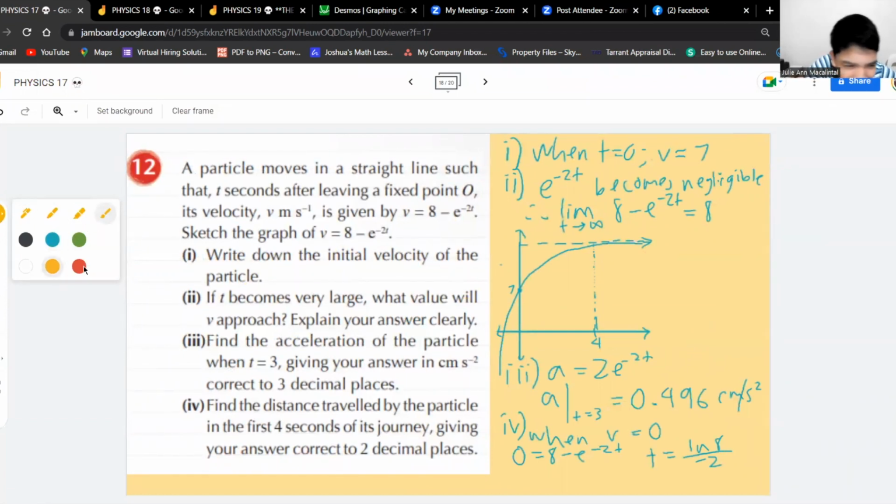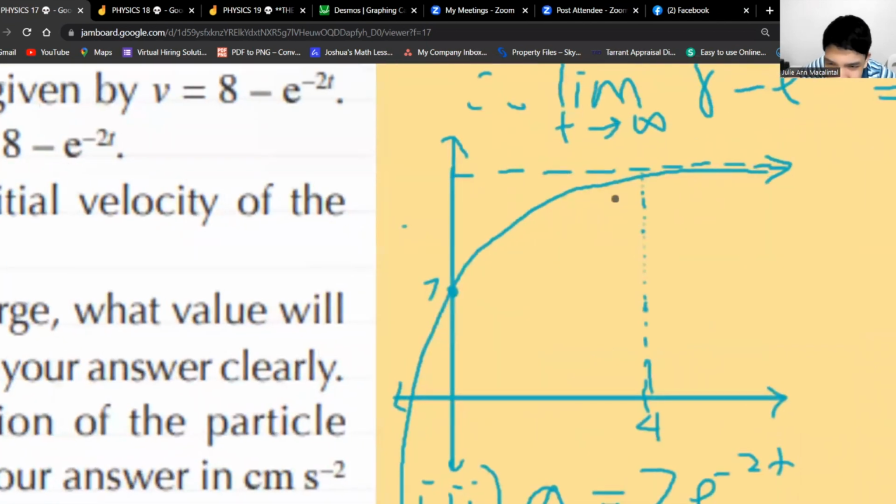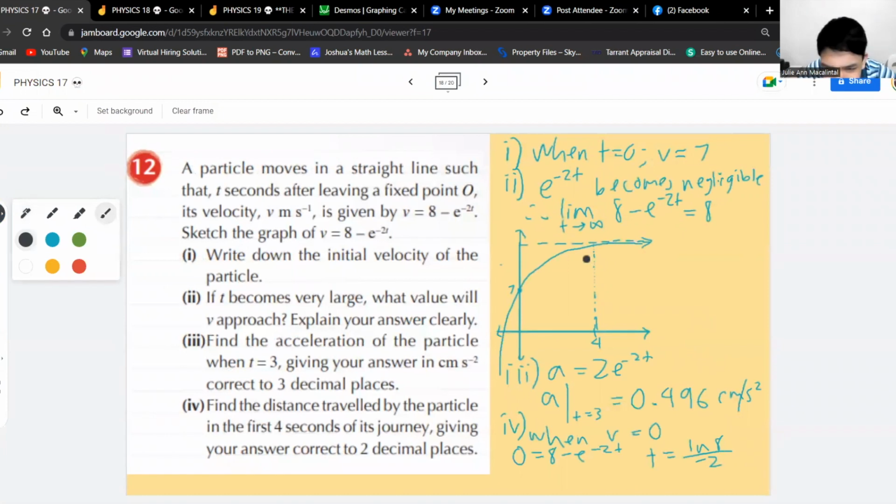Anong kulay? Ito kaya, black. Ay, pangit. Super pangit. Ayan.